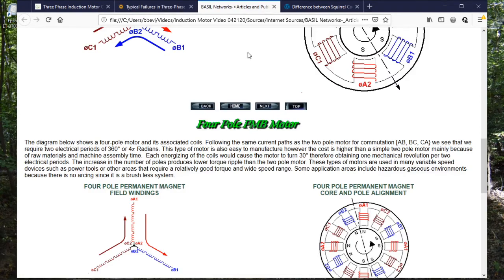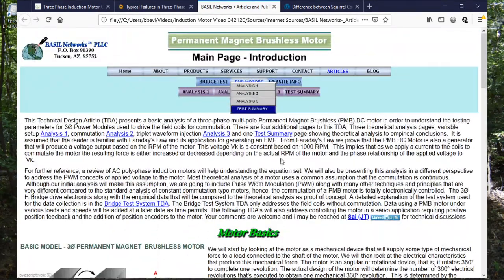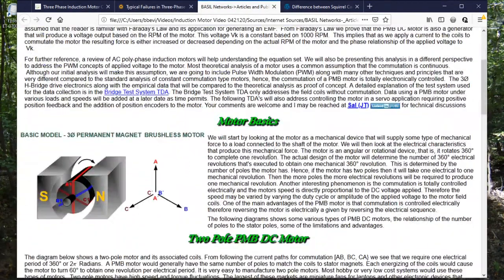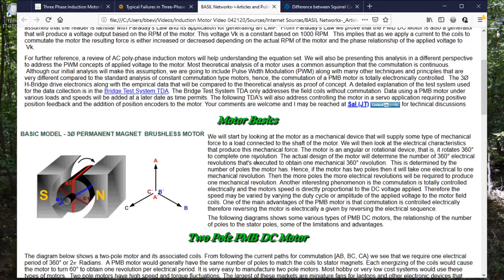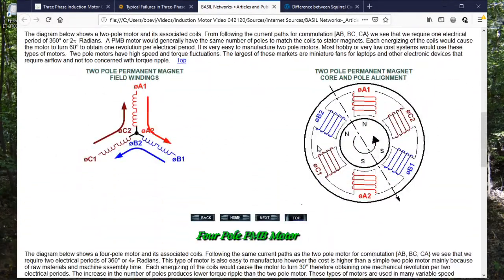The next one is Basler, and this is mainly about DC motors. Here you have your stator windings and a magnet for the rotor. We're talking about an AC induction motor, which also has windings in the stator, but a squirrel cage type rotor in the center.